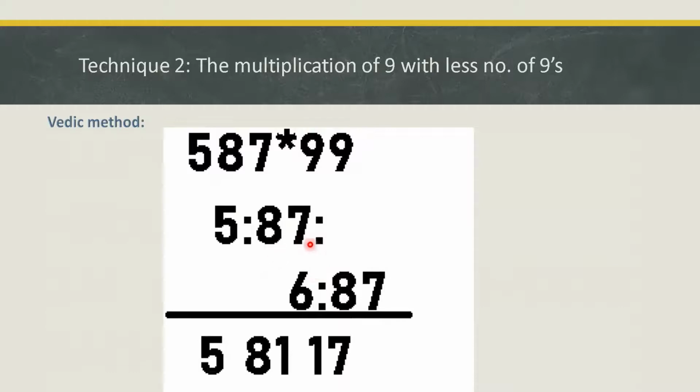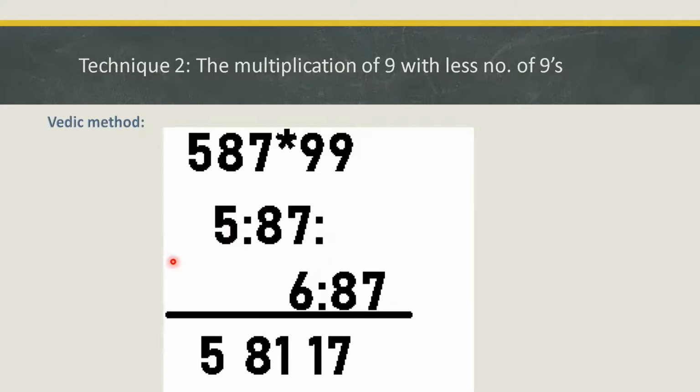And below 587 we'll write 687 in the next row. This is how we do the arrangement. Below 7 should be 6, and put a colon, as after 7 there's a colon, and 87. Now put a line, and this is how we solve.